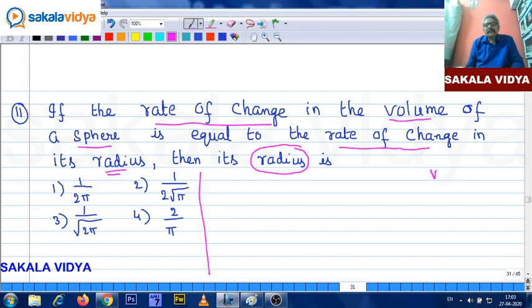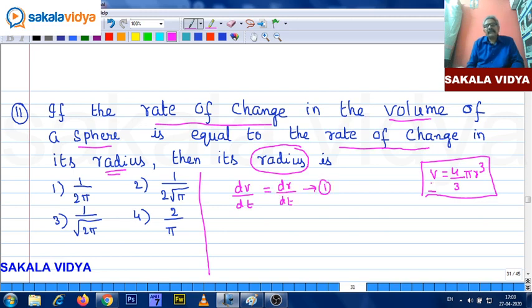The volume of the sphere is equal to 4 by 3 pi r cube. This is the formula to evaluate volume of a sphere. You remember this one. So, what is given actually here? dV by dt equal to dr by dt given.